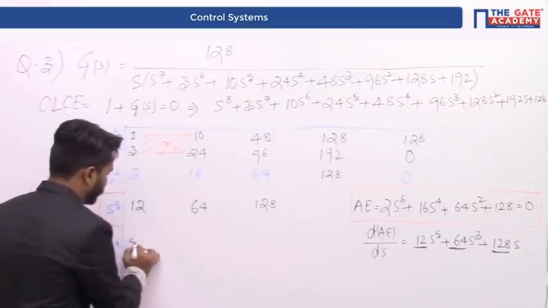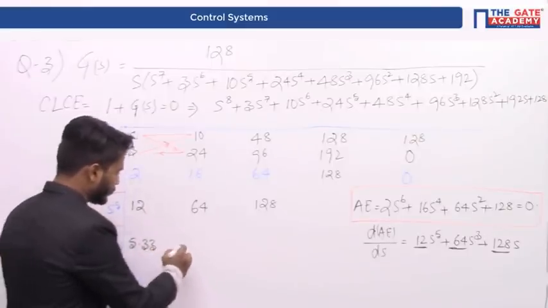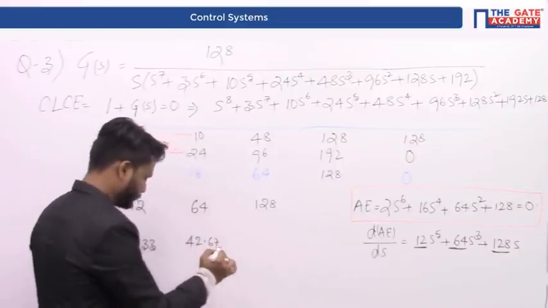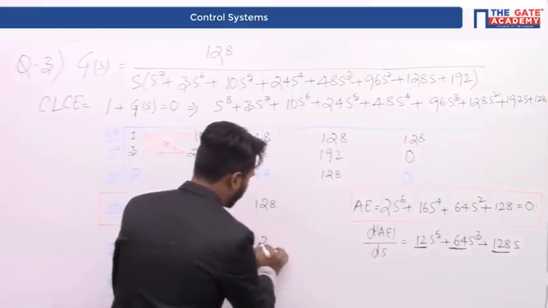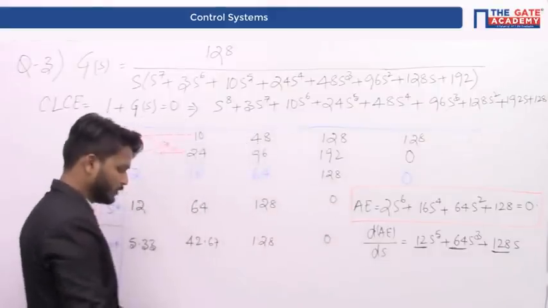That is 5.33, 42.67, 128. This is anyway 0, therefore this is also 0.